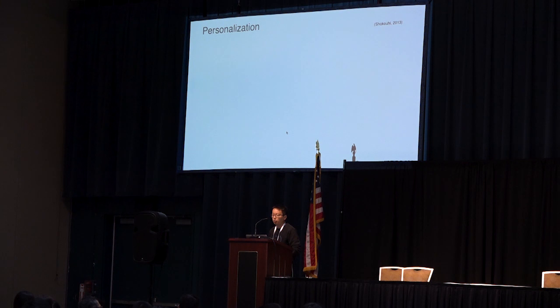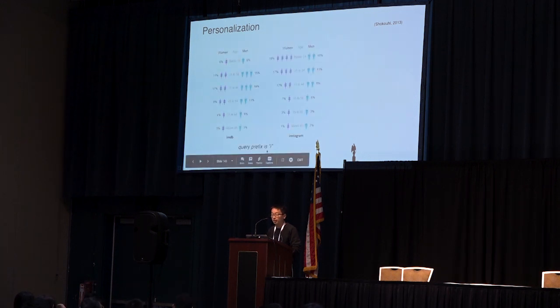The other type of work tries to find new features from personalization. This is an example when the query prefix is I. They found that for women the query tends to be Instagram, and men are likely to search for IMDb.